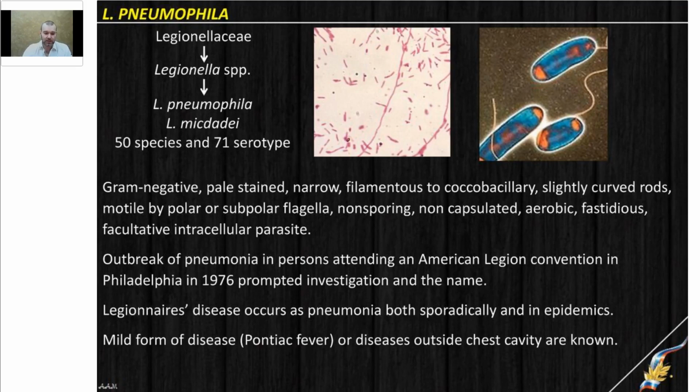Besides the classic manifestation of pneumonia, we have a mild disease known as Pontiac fever. It was described previously, but the disease occurred like a common flu. It is a mild disease with low-grade fever and respiratory symptoms, and it is self-limited.